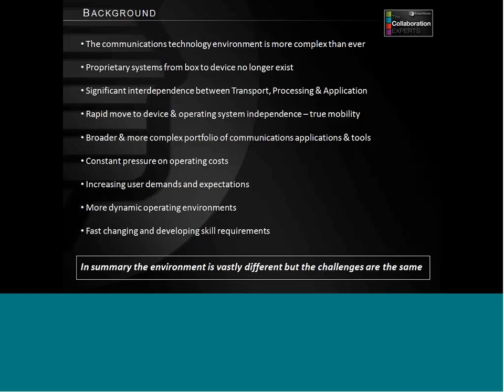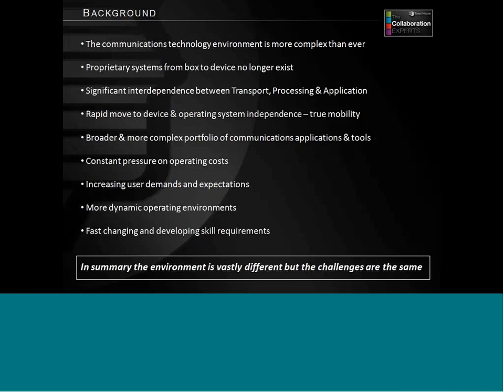Now it's quite common for the voice system to be different to the video system, to be different to the IM system, the presence system, the conferencing system, but they are all interdependent. And so if you look at the transport layer, which would be all of your external network and your internal network, the processing layer, which increasingly is housed within data centers on a virtualized basis, and the application layer, which, depending on what your vendor strategy is around the various communications tools, could be one or many vendors.